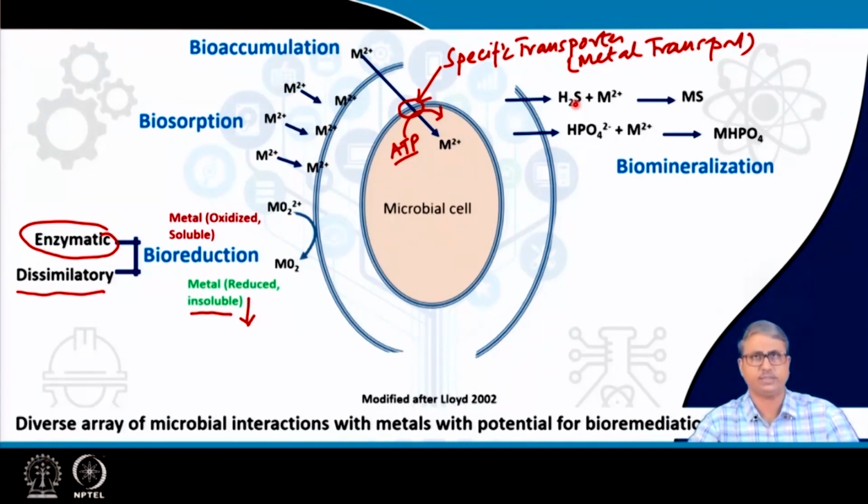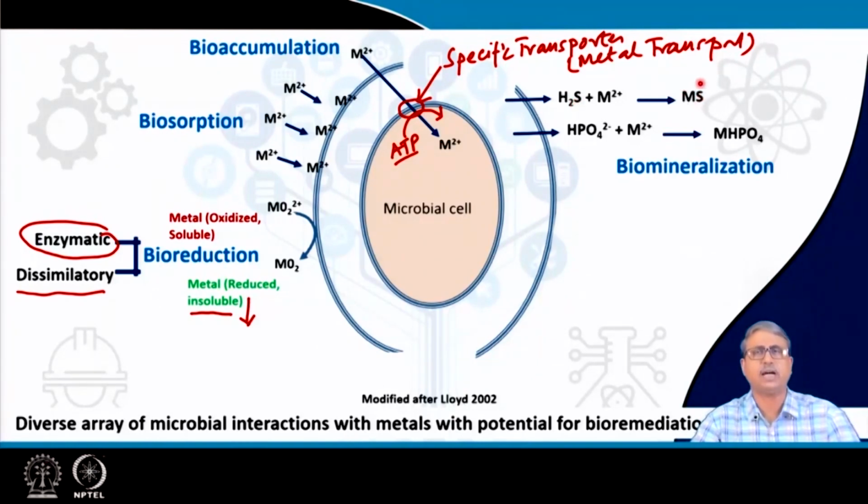And this H2S, which is gaseous, has the ability to interact with the divalent cations which are present in the vicinity, and it is found to be one of the best biomineralization methods, because the moment the sulfate reducing bacteria produce the H2S, the H2S readily reacts with the divalent cations and produces the metal sulfides.